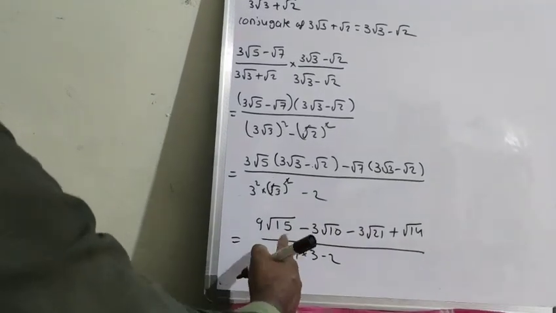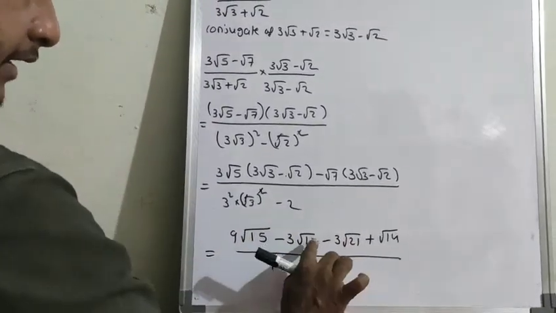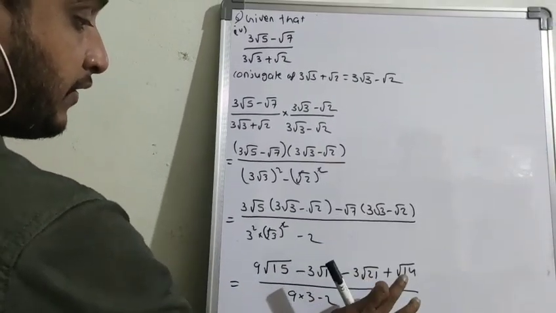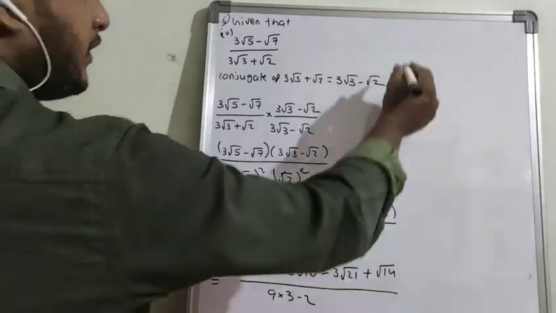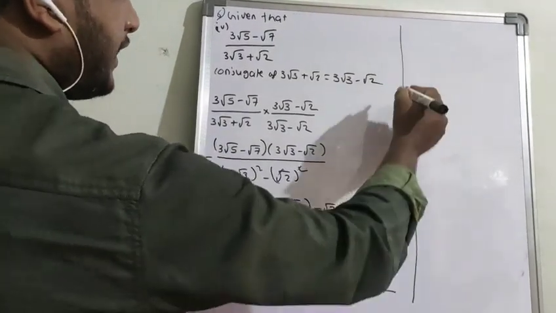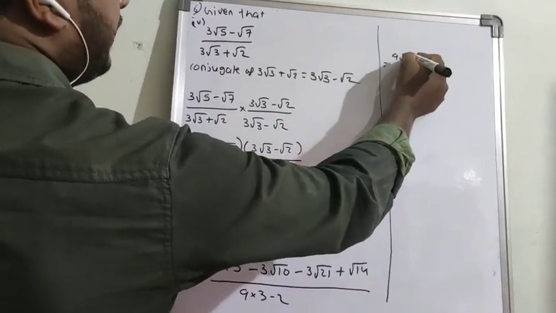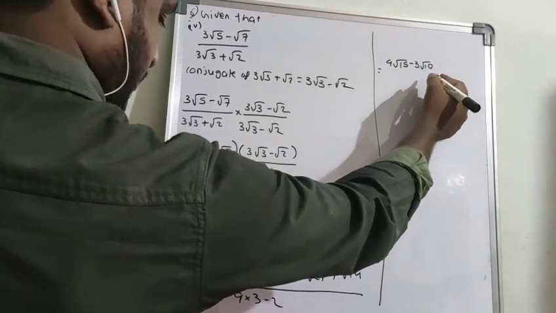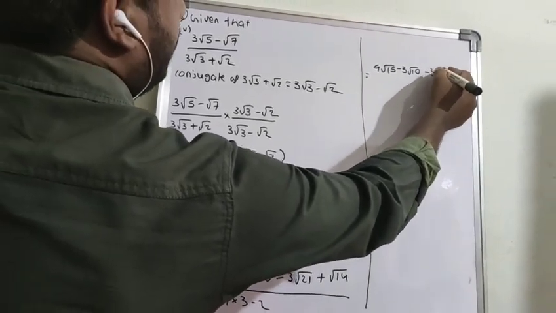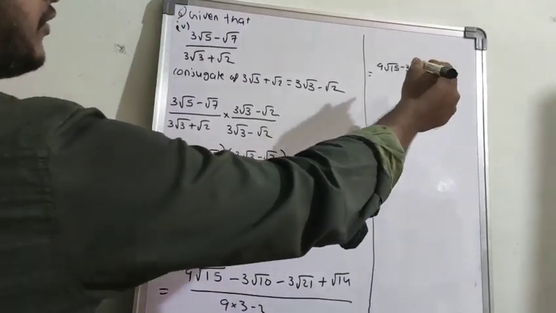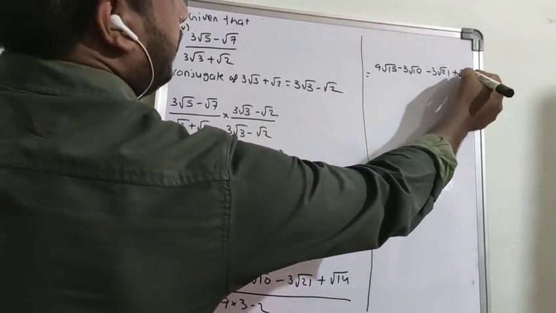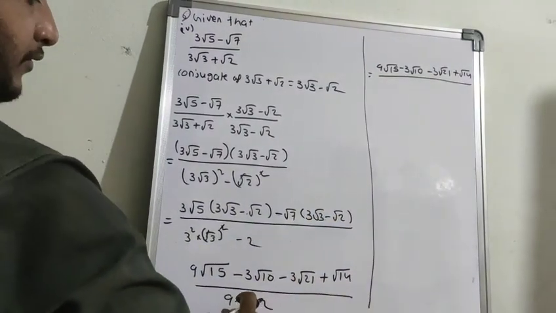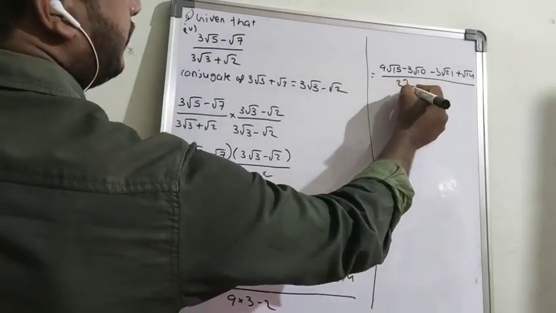So check in the numerator, are there any similar surds? Root 15, root 10, root 21, root 14. We have no similar surds, so we cannot add them up. So write it as 9 root 15 minus 3 root 10 minus 3 root 21 plus root 14 by 9 into 3 is 27 minus 2.